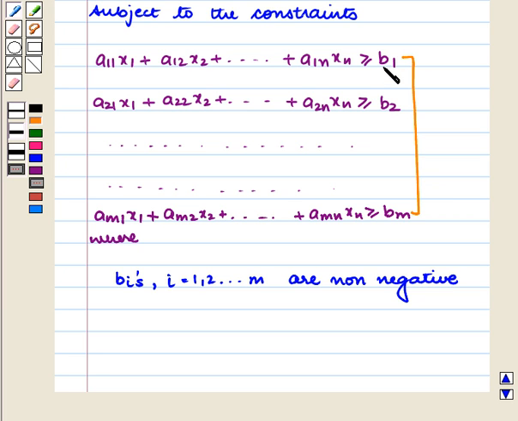Also, we can see that all the constraints are greater than or equal to type and not equal to or less than or equal to. All xj's are greater than or equal to 0 for j equal to 1, 2, 3 and so on till n.